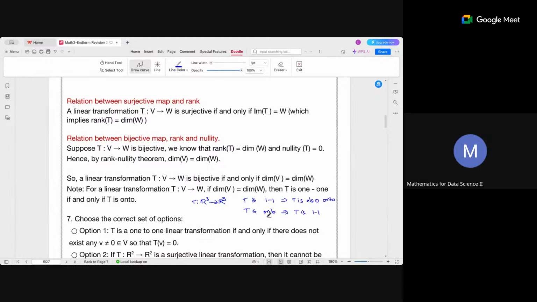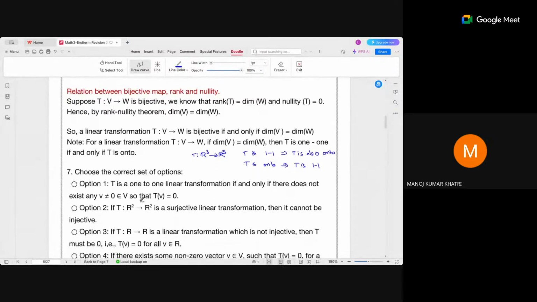Then one of this condition, that either T is 1 to 1 or onto, will imply the other condition. You don't have to prove both. If you know that one of the condition is satisfied, then the other condition will automatically be satisfied, right? Because you know that T is bijective if and only if dimension of V is equal to dimension of W. And already if 1 to 1 is there, then you can automatically see that it is onto. From rank-nullity theorem, you can easily prove this.